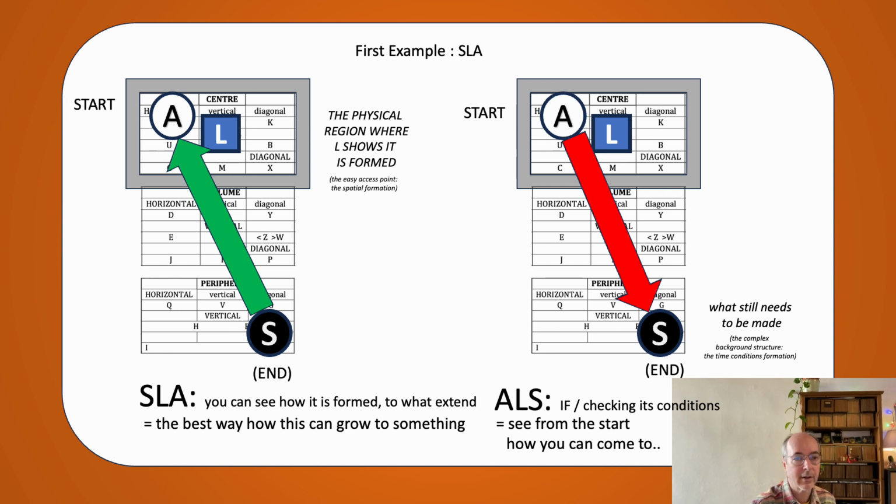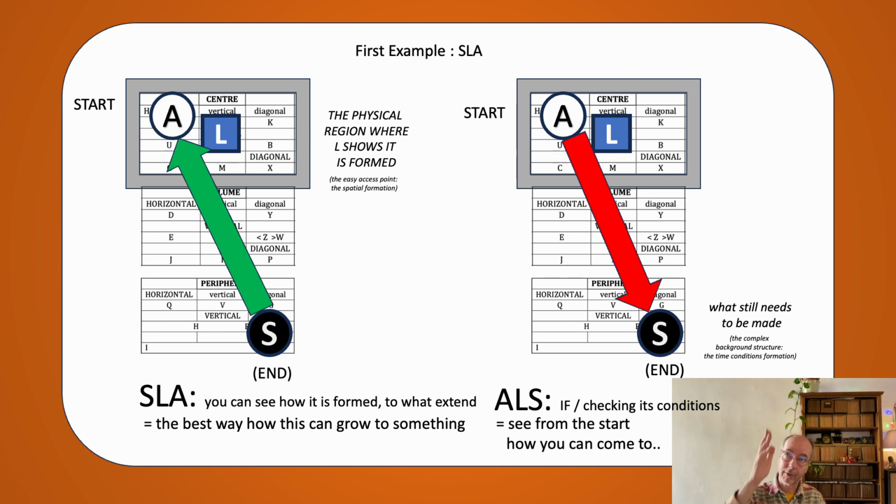existing pinpointing reference point in the physical region. So it is a way of saying, let's see from our large structure how things will be formed and to what extent it can be formed. So also in combination with L, it is in the middle of the physical region where everything is formed. L position is the formation process. So you have also a structure, like a horizontal, a vertical, the diagonal.